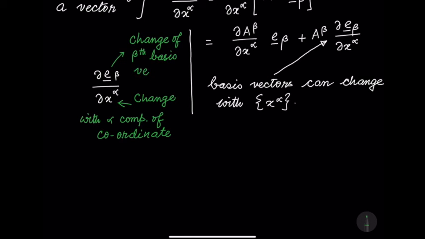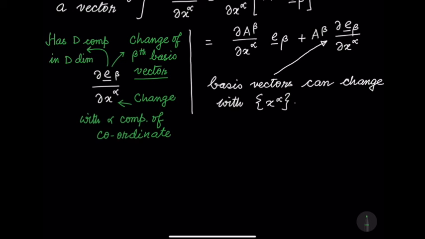When I write vector, I put an underline sign in it, not because it's a vector, but we have to remember that this has components in d dimensions. So we are talking about change in d things for the beta-th basis vector with respect to the alpha-th coordinate. So it's not so very straightforward a quantity to look at.